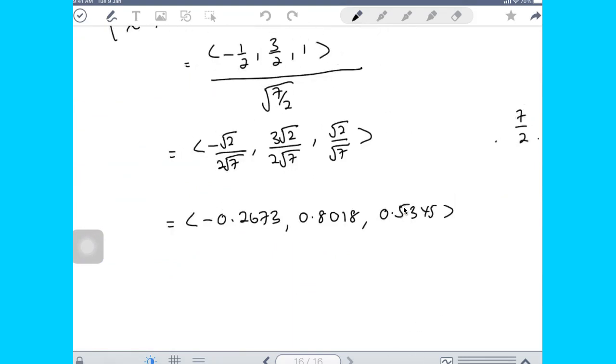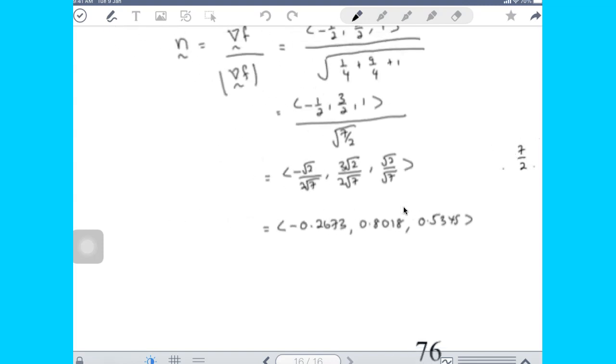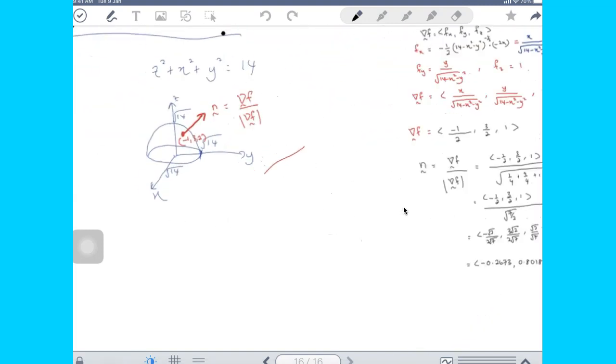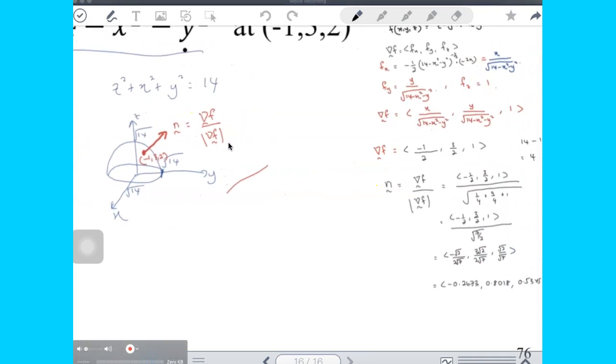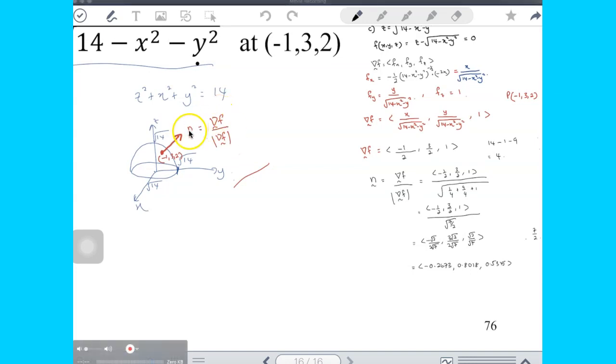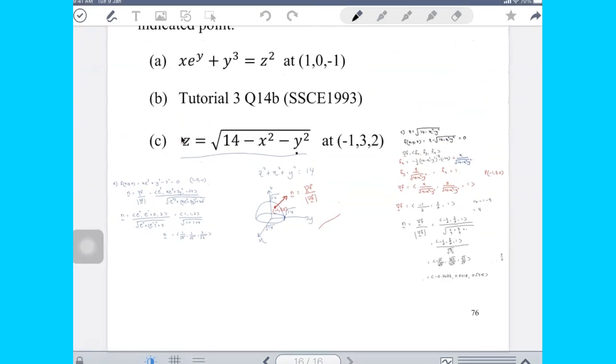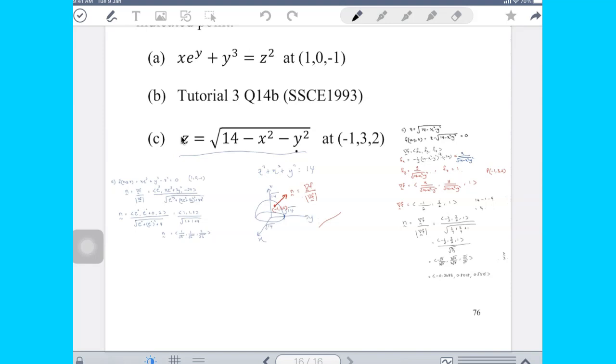And if they ask you to sketch that, the arrow comes from the summation. How can you get the value somewhere over here? It is the summation of the vector that you have here and your initial point, which is negative 1, 3, 2, and you will get this arrow. Okay, so that is the example.